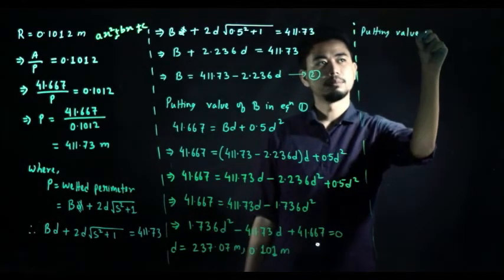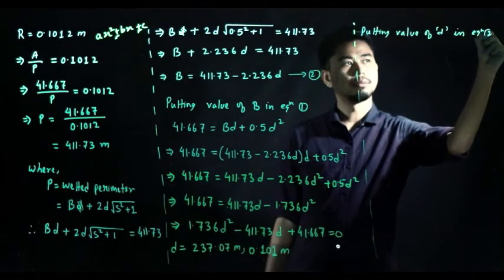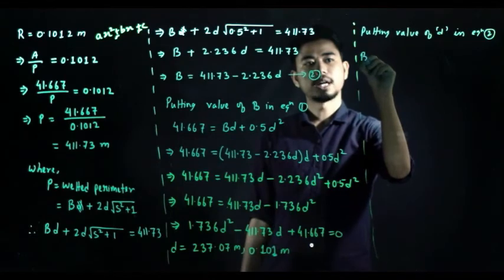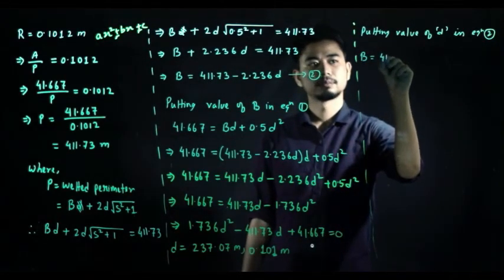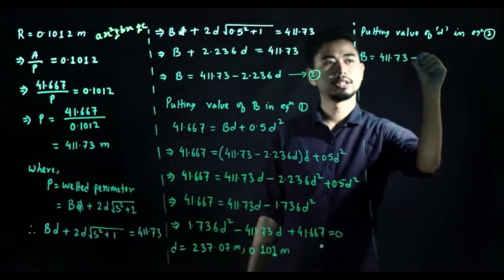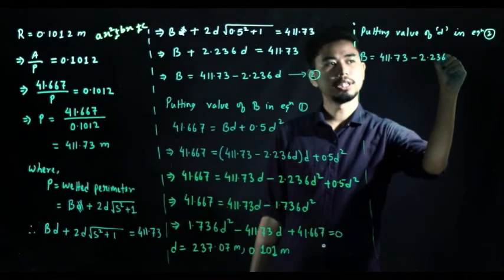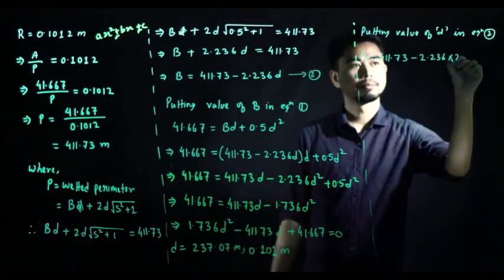Putting the value of D in equation number 2. So your first B will be how much? B will be 411.73 minus 2.236 multiplied with D. D is how much? 237.07.